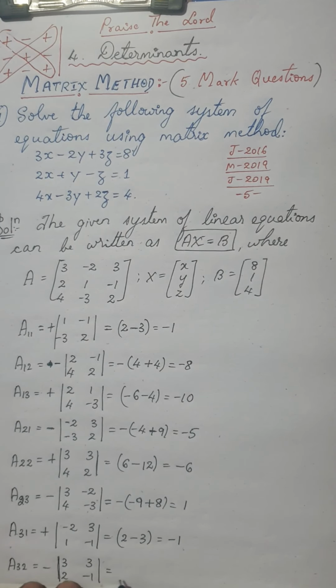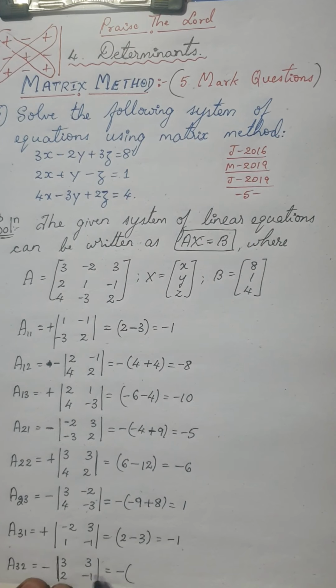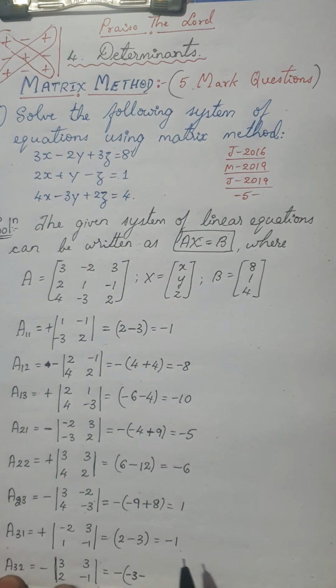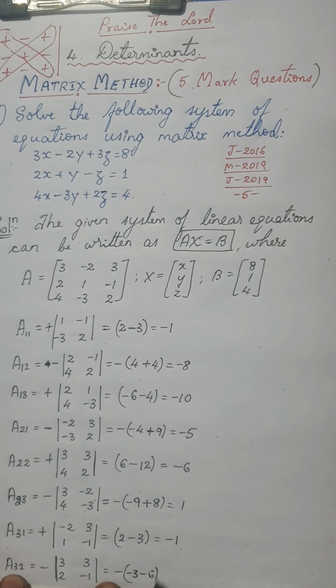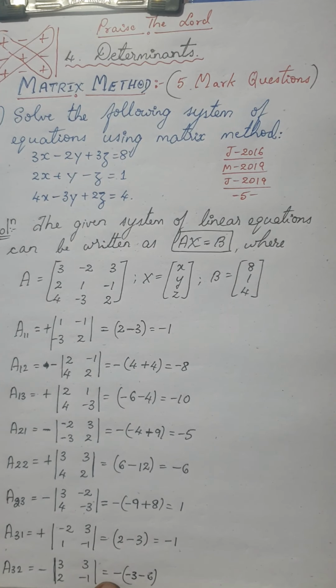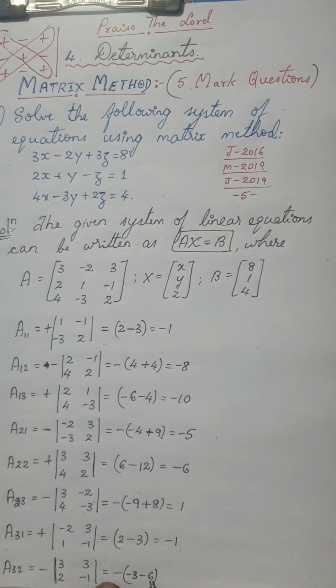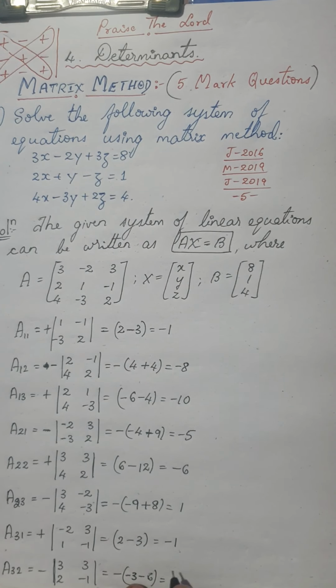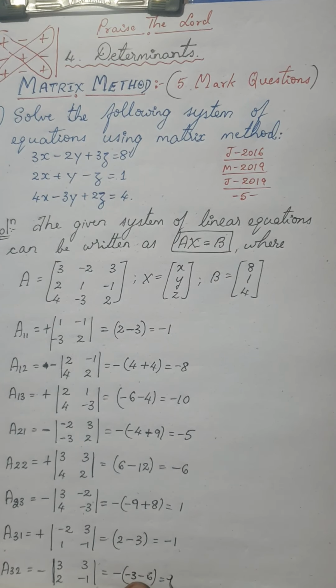This is nothing but, outside is minus, it will be kept over. 3 into minus 1 is minus 3. Minus 2 into 3, that is 6. So what you have is minus 3 minus 6. Minus 3 minus 6 is minus 9. But outside you have a minus. So this becomes plus 9.